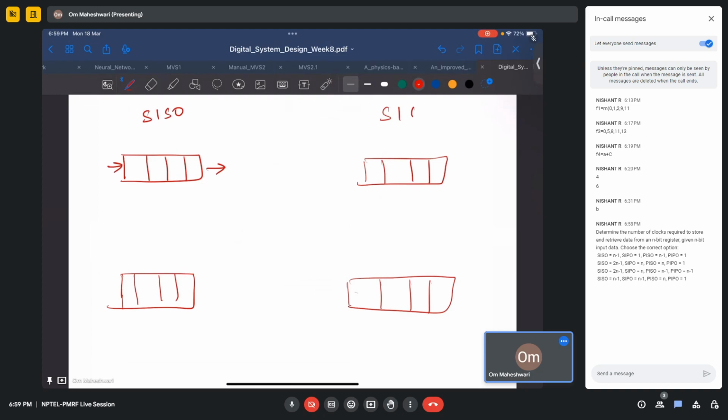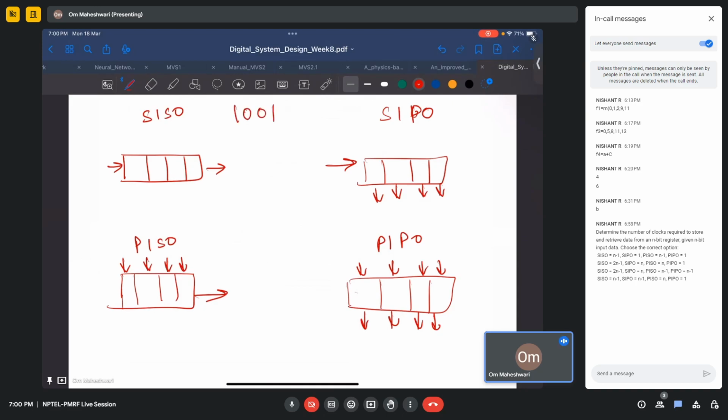Second is SIPO, serial input, parallel output. Third is PISO, parallel input, serial output. Fourth is PIPO, parallel input and parallel output. Let's say you have the data 1001. You have to load and retrieve.